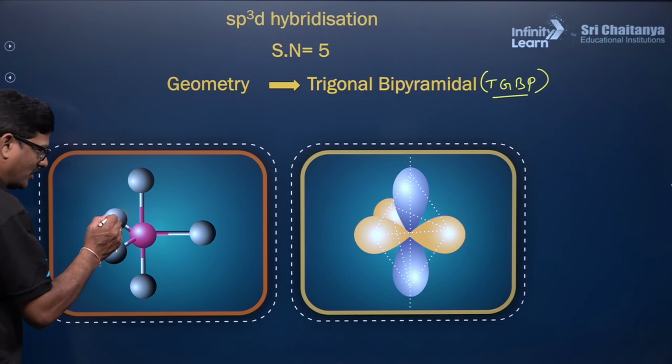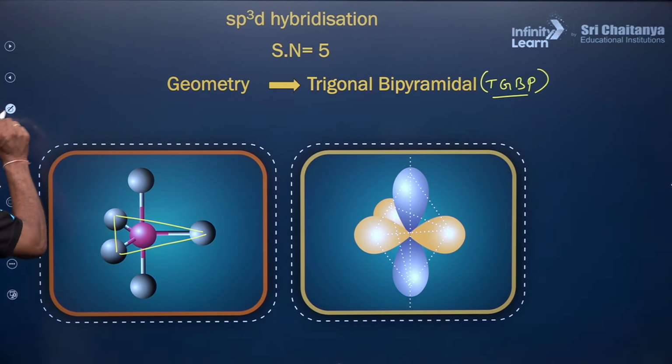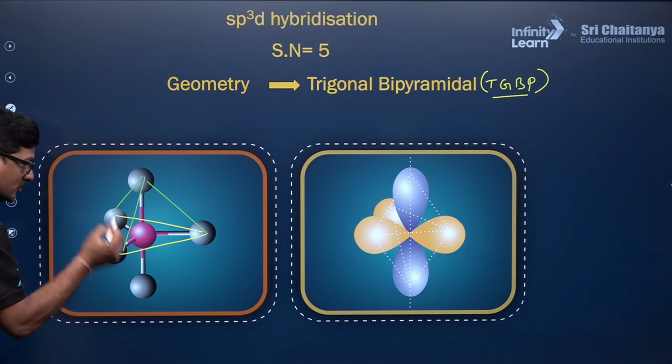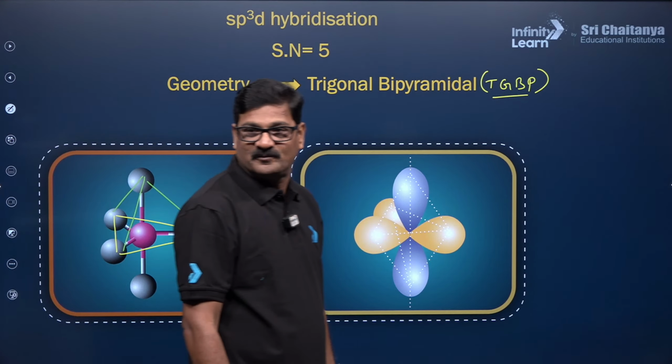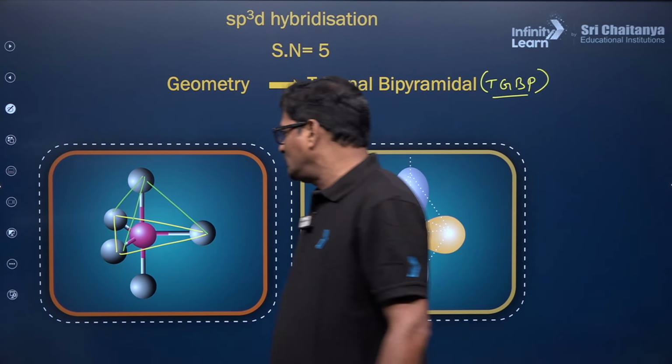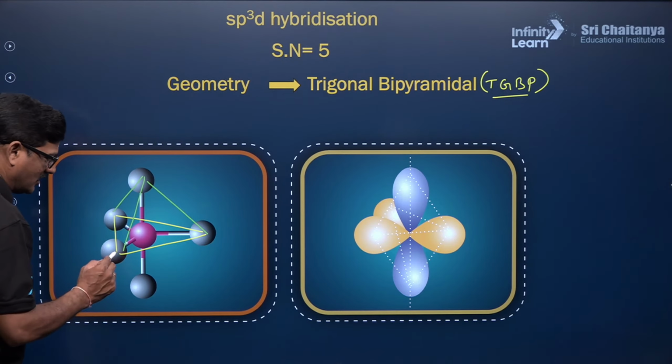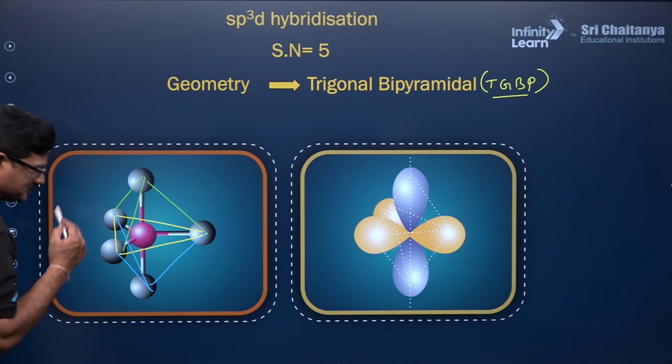You can see this is your triangle. On the triangle, you can see a pyramid above the triangle, and below this triangle another pyramid.